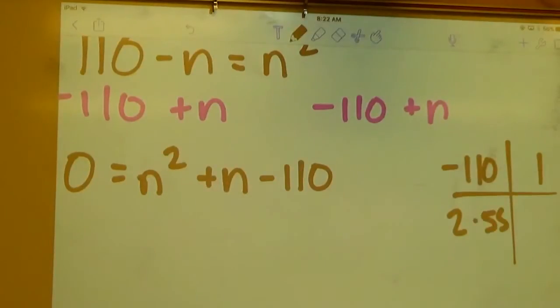Then we have negative 2 and positive 55. What else? 10 and 11. And then negative 11 and 10.